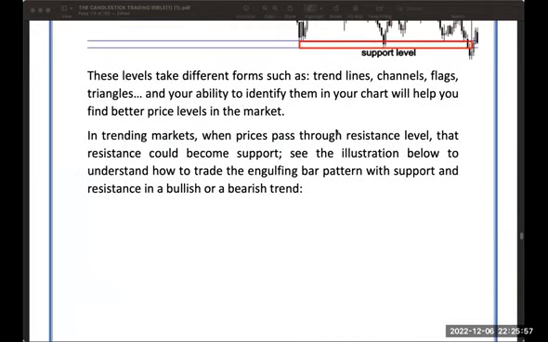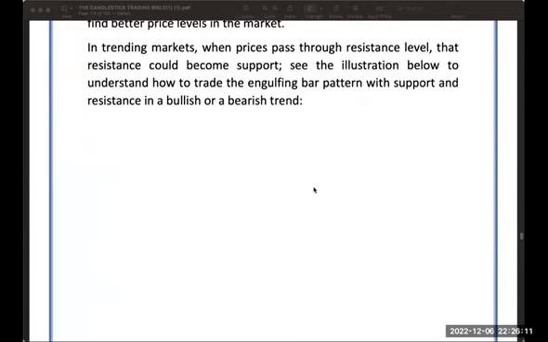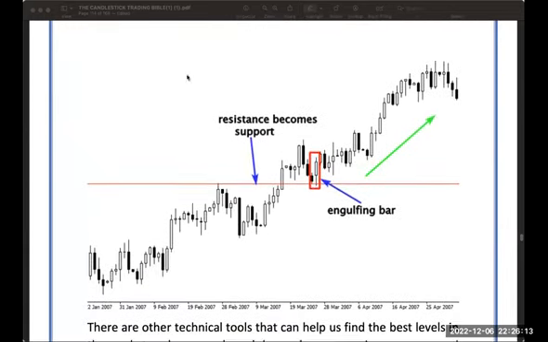In trending markets, when price passes through a resistance level, that resistance could become support. See the illustration below to understand how to trade the engulfing bar pattern with support and resistance in a bullish or bearish trend. Okay, you can see price was pushing up here. They hit a level, then they broke it, retested it, bullish engulfing. The price continued.